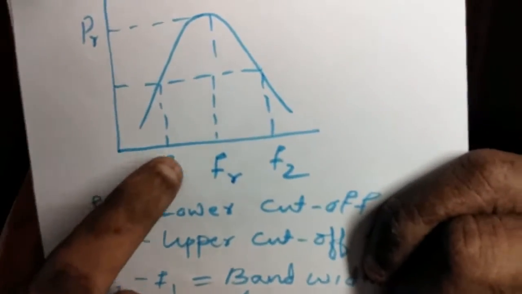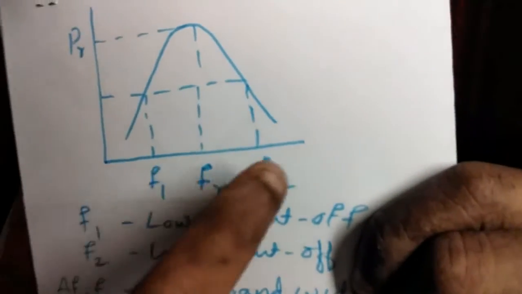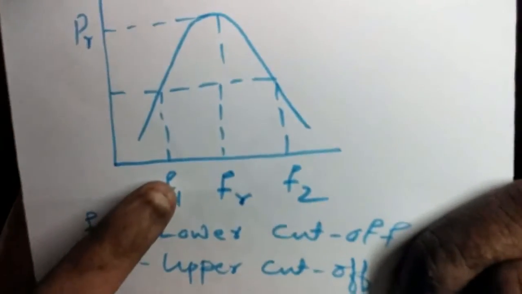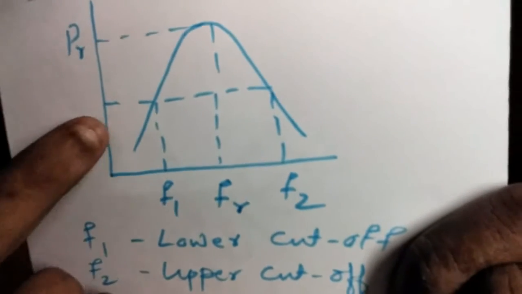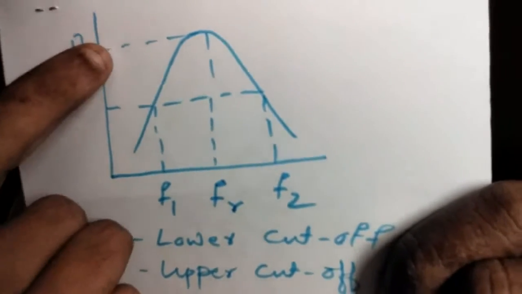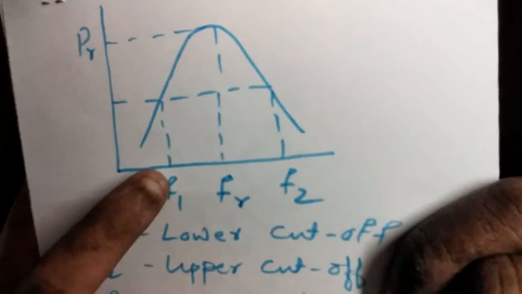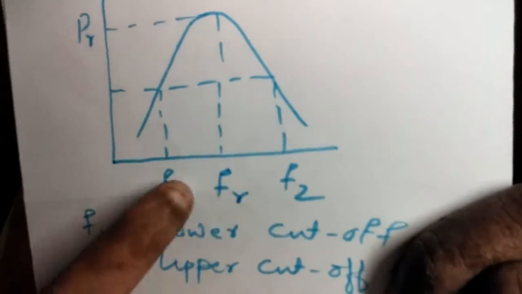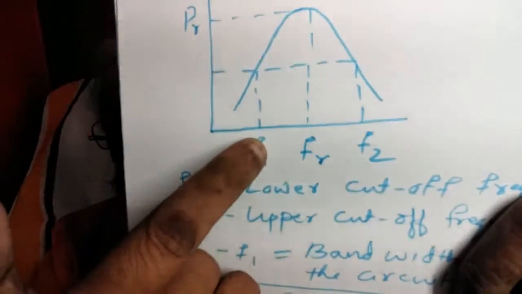So there are two frequencies which are responsible for the power consumed to be half of the maximum power at resonance. F1 and F2 are called cutoff frequencies. At these frequencies, the circuit consumes half of the power consumed at resonance. F1 is the smaller one.